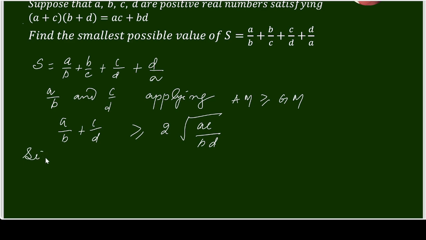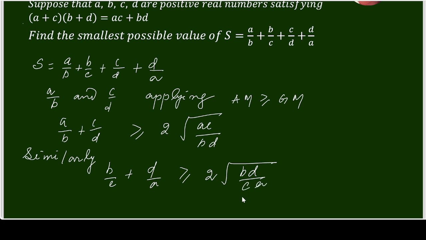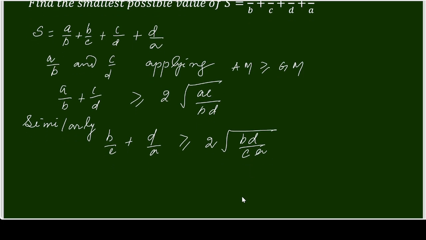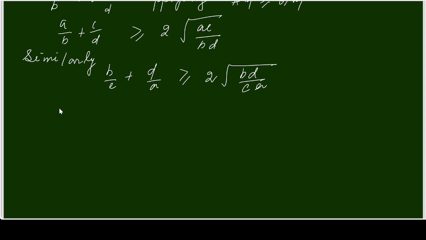Similarly, taking B over C and D over A, it is greater than or equal to 2 times the square root of BD over AC. So now adding these two, I'm getting the sum.